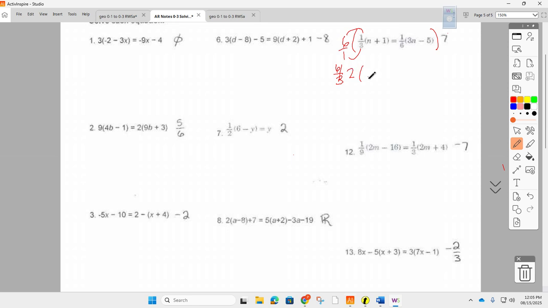We're going to wind up multiplying by what's in the parentheses in the next step, so we don't want to do it twice. So n plus 1 gets brought down, equals, these are parentheses here, so we're going to multiply the 6, but only by that outside factor, so that's going to be 6 over 6, which simplifies to 1 times 3n minus 5.